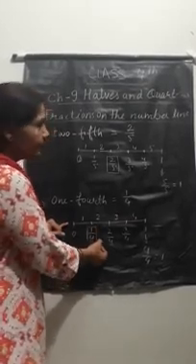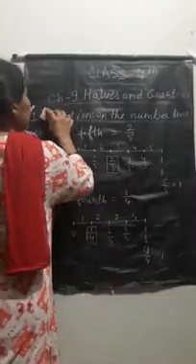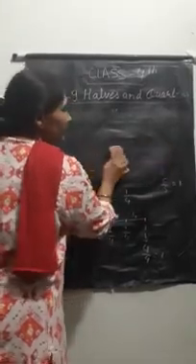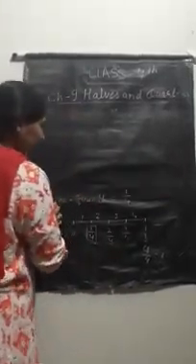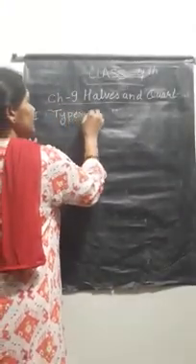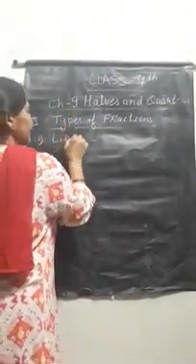1/4 is this one. Now the next part is types of fractions. In types of fractions, we will learn first like fractions and unlike fractions. First one is like fractions.